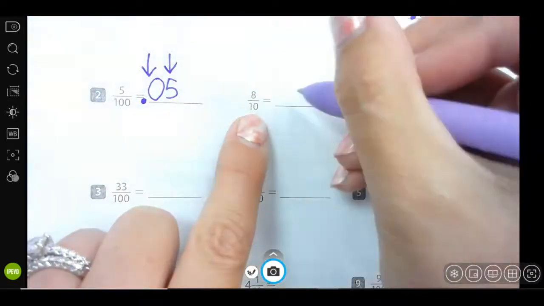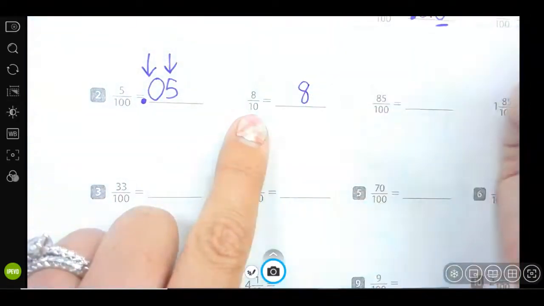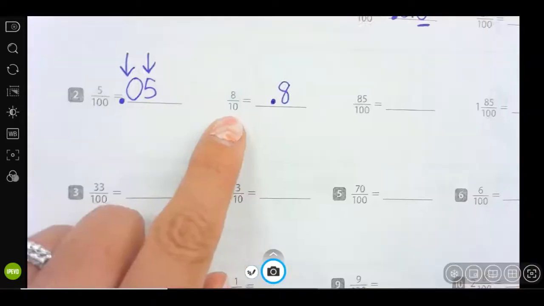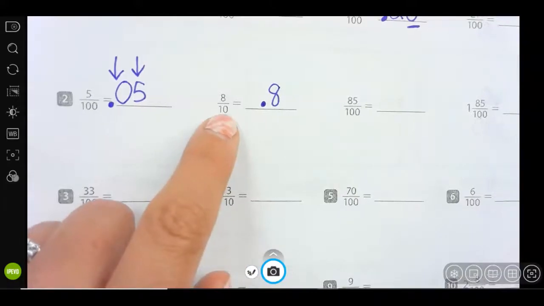Okay, hold on. We have 8 tenths. So the 8 needs to be in the tenths place value. Is the 8 in the tenths place value? Yeah?